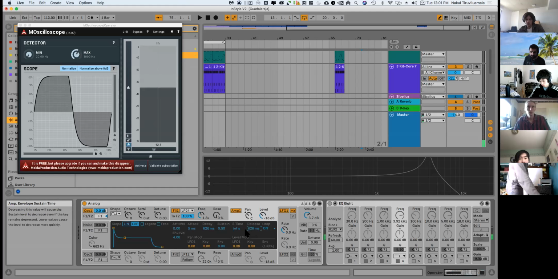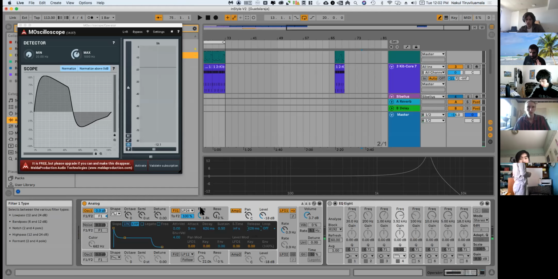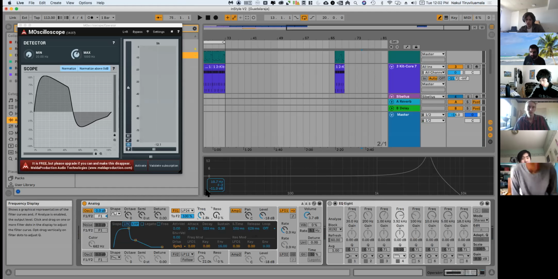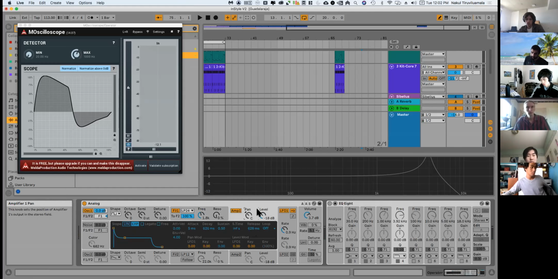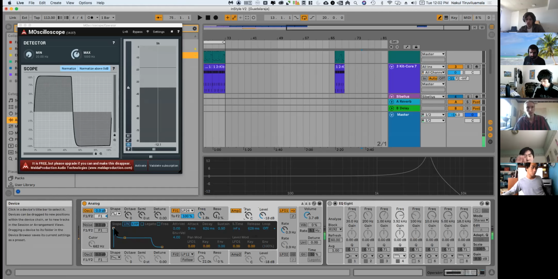If I make the release shorter and I let go of the note, it immediately dissolves. So remember, just like with Simpler, you have an envelope for the filter and you have an envelope for the actual amplitude, for the volume of the sound. So you might choose to have a different envelope for your filter than you do for your amplitude, right?